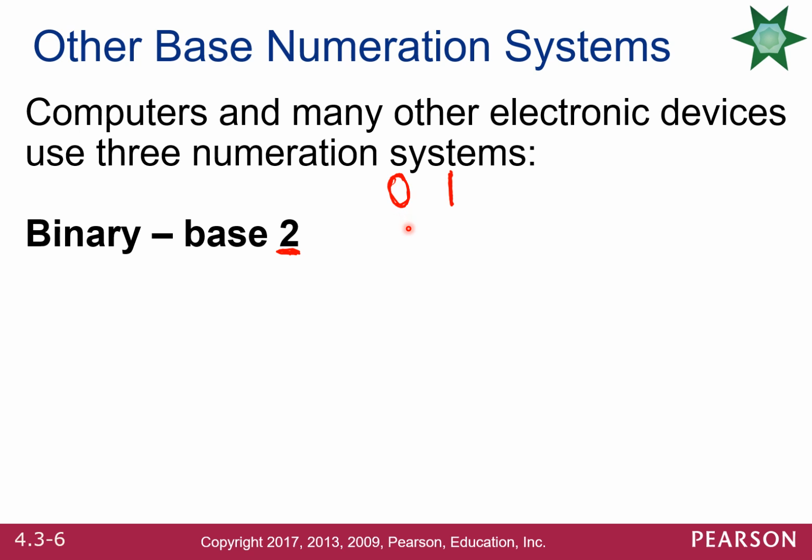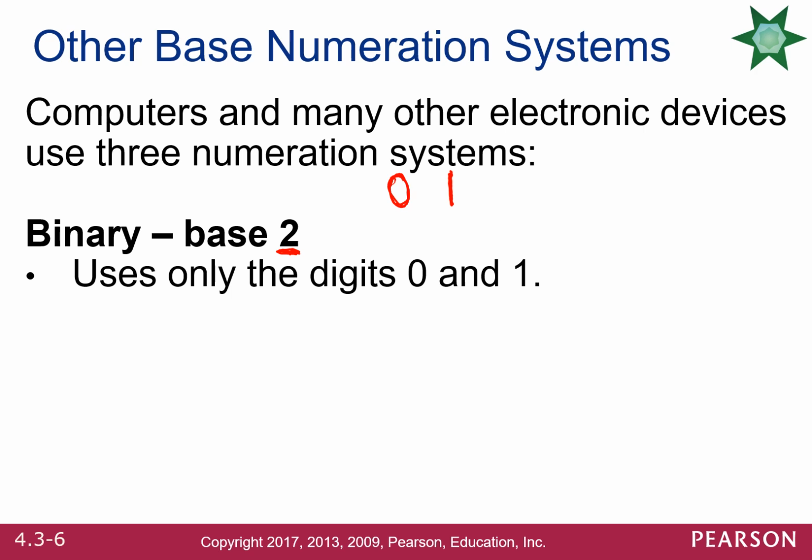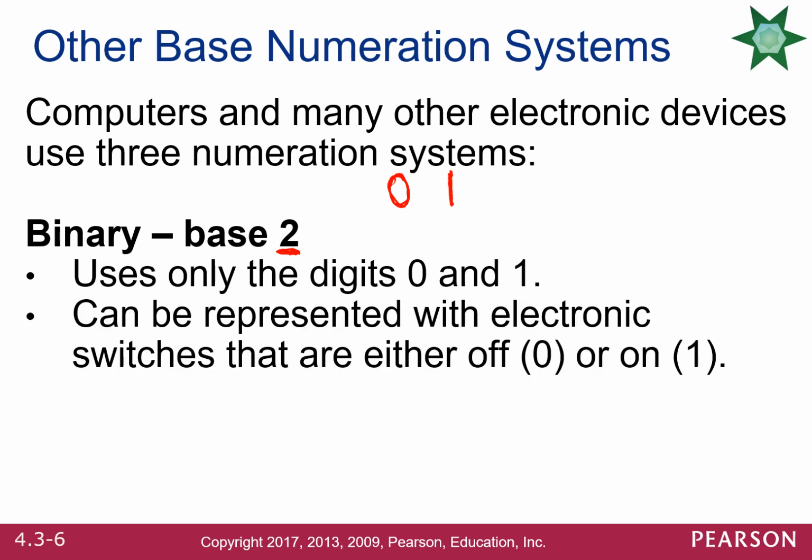All right, so we will learn how to understand the different patterns in a binary system and how to convert from the base 10 system to the binary system and from the binary system to the base 10 system. All right, so let's look at some of the other information in this slide. The binary base 2 uses only the digits 0 and 1.